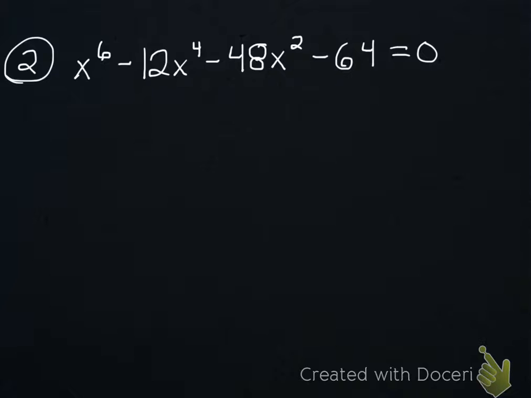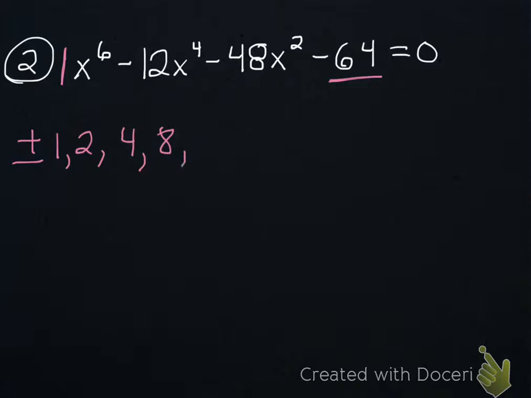Number 2. The constant is 64. My leading coefficient is 1. So I only have to list the factors, or the things that multiply to give me 64. Plus or minus 1, 2 goes into 64, 4 goes into 64, 8.